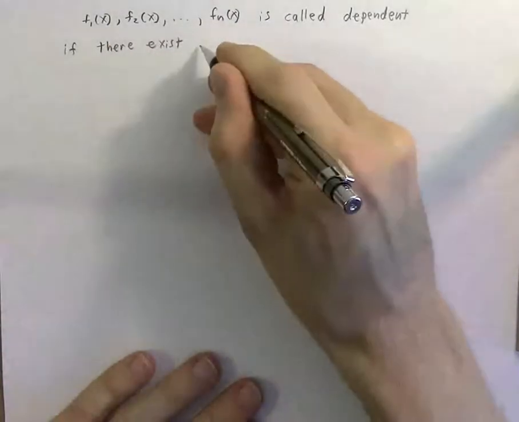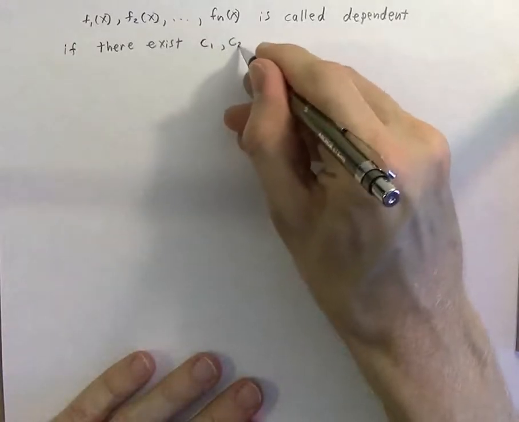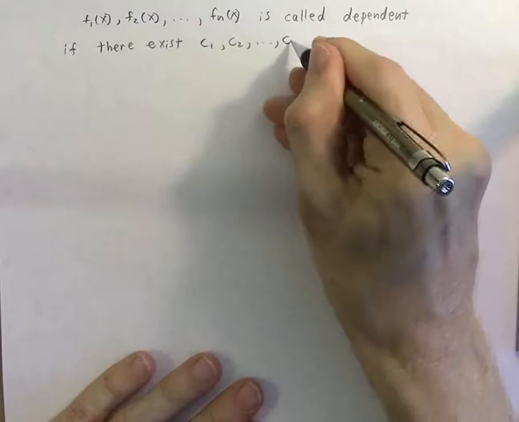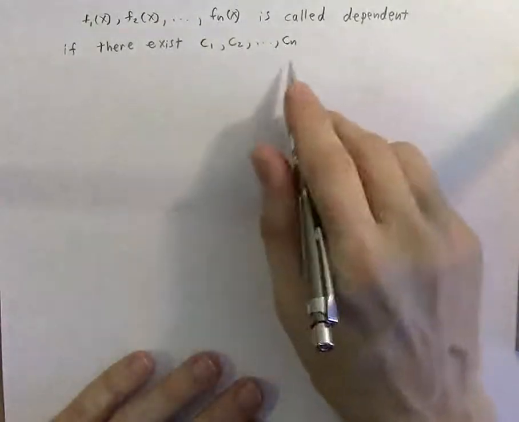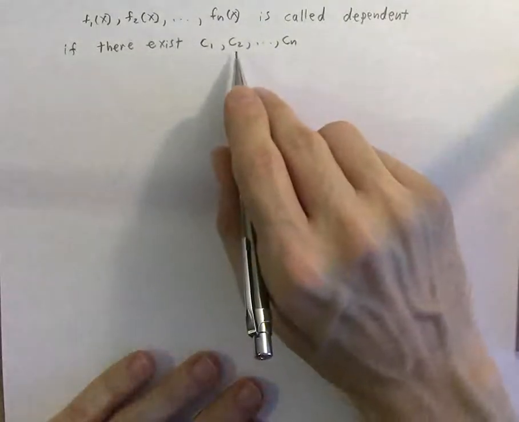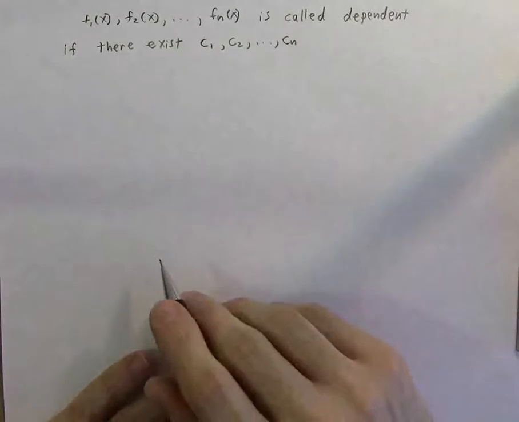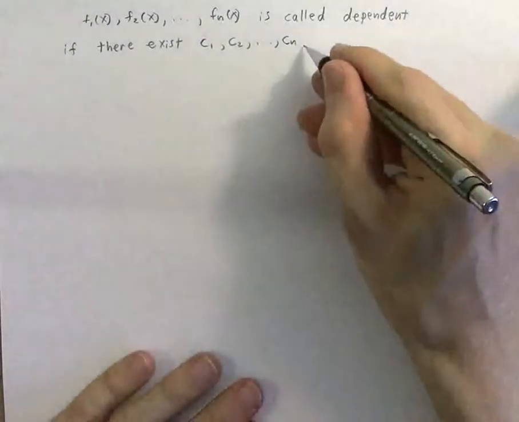there exist some constants, so C1, C2, up to Cn, with the restriction that they're not every one equal to 0. So some of these could be 0, but just not the entire list.